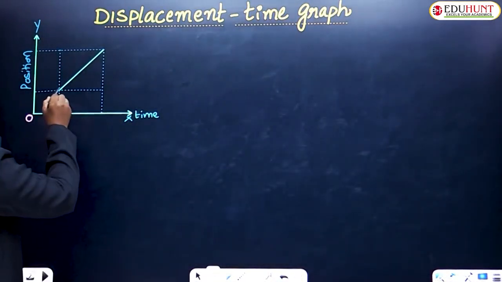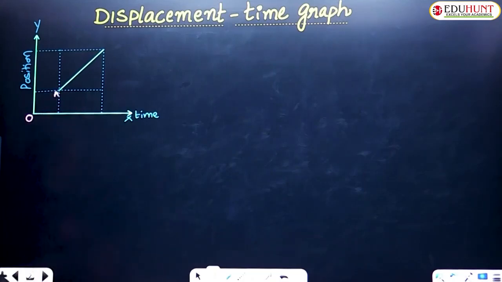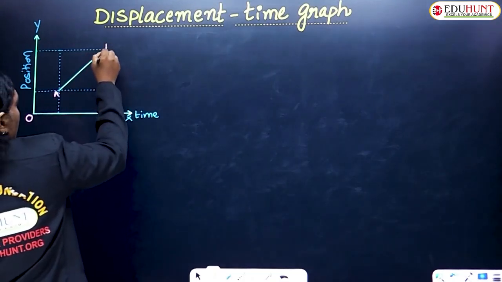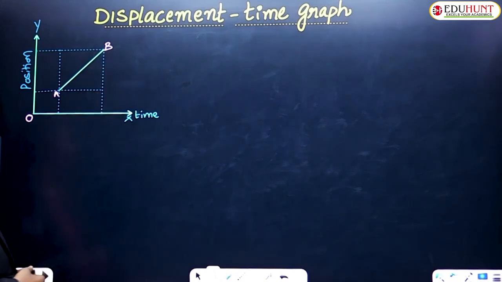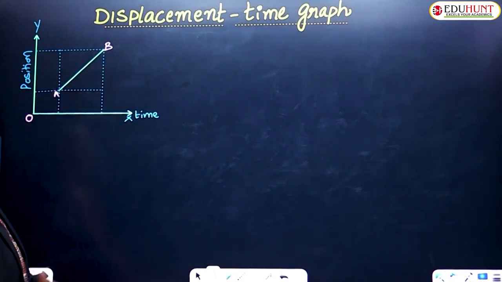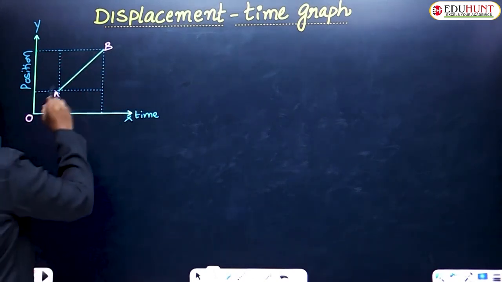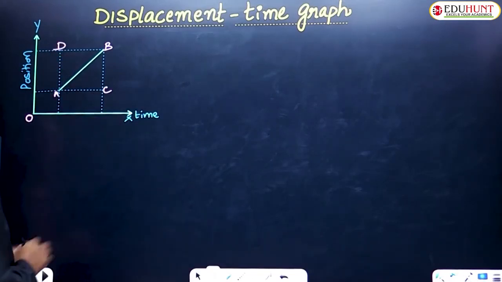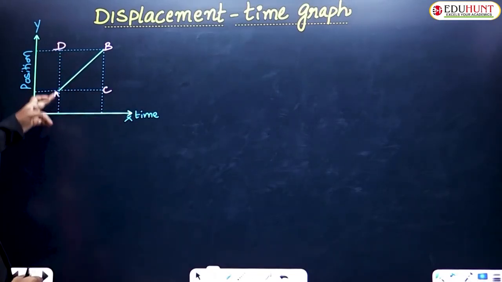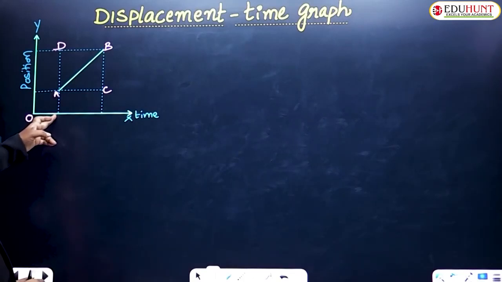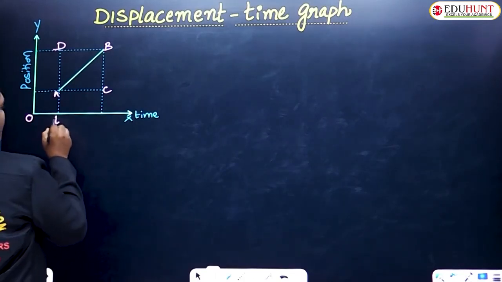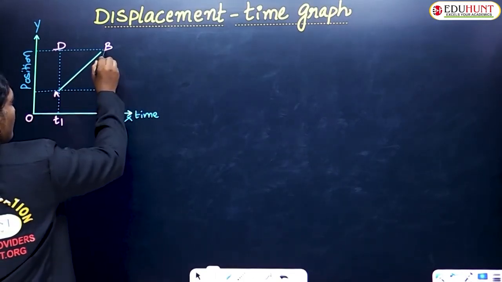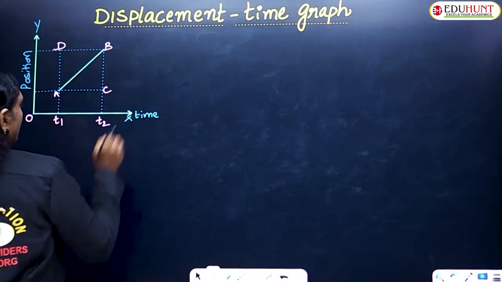Okay, the particle's initial position was at this place. Let us name it A, and it has ended its journey after reaching position B. So here let us represent this position as C and here as D. Let us name it so. The initial position has started at a time t1 and the final position at t2.